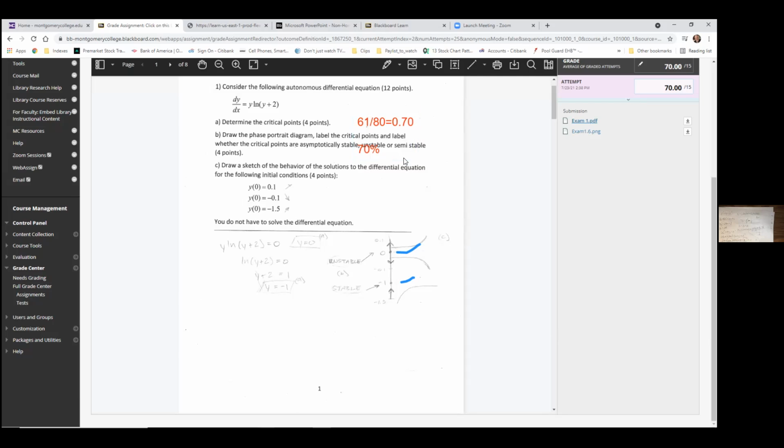Let's figure out what 61 divided by 80 is. Okay, so I'm going to make this a 77. Normally I'll round up.